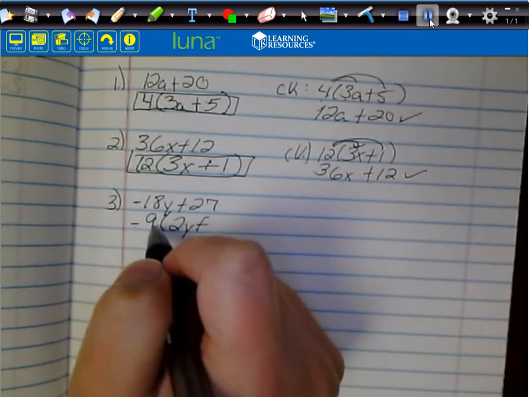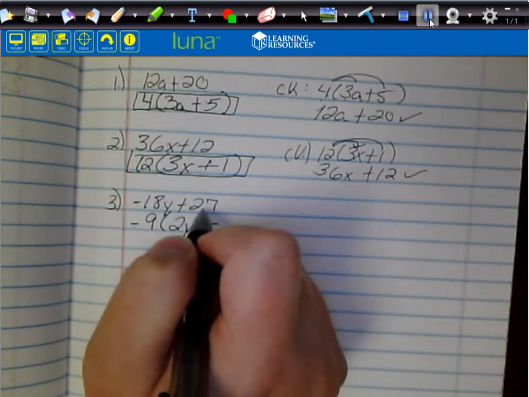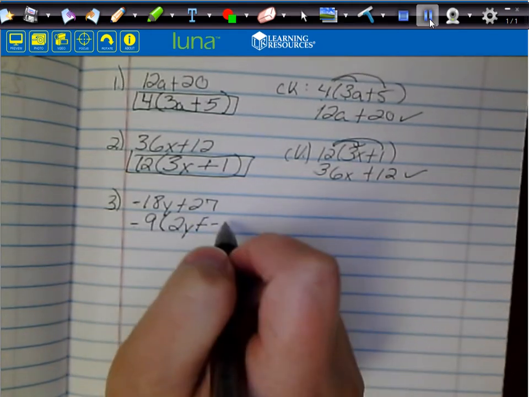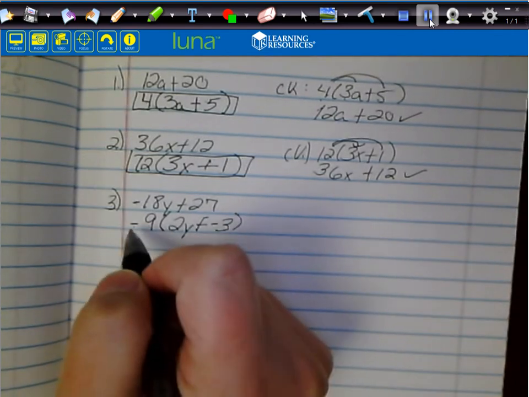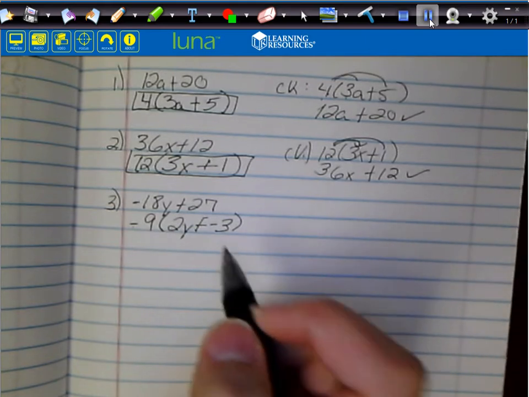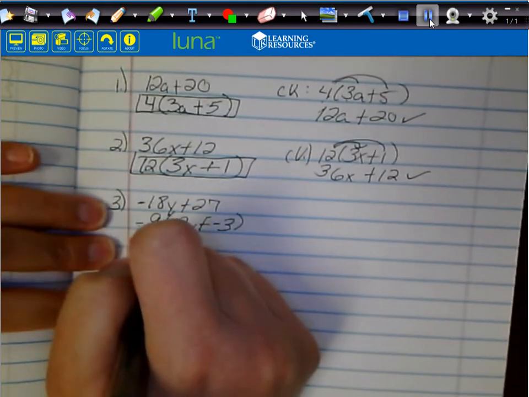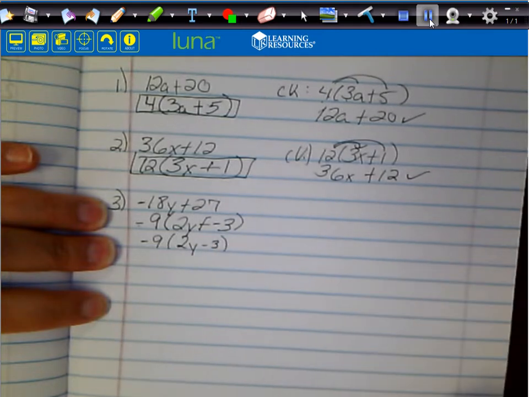I'm going to say negative 9 times what is negative 27, or 27 divided by negative 9 is what? Negative 3. Negative 9 times negative 3 is a positive 27. So I'm going to rewrite this just a little bit and say negative 9 and then 2y minus 3.